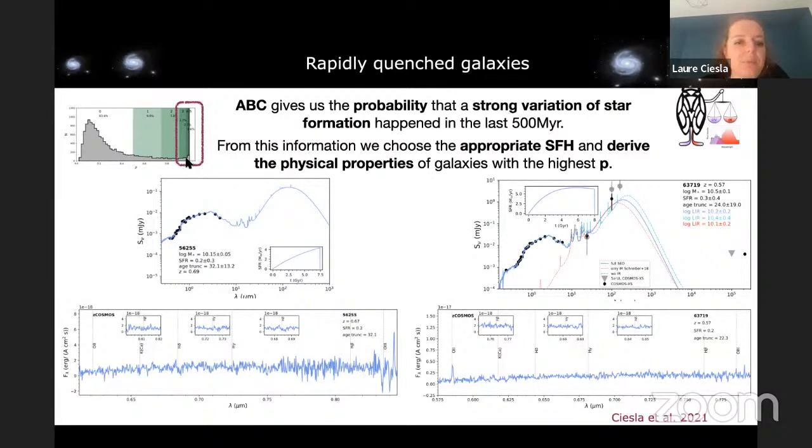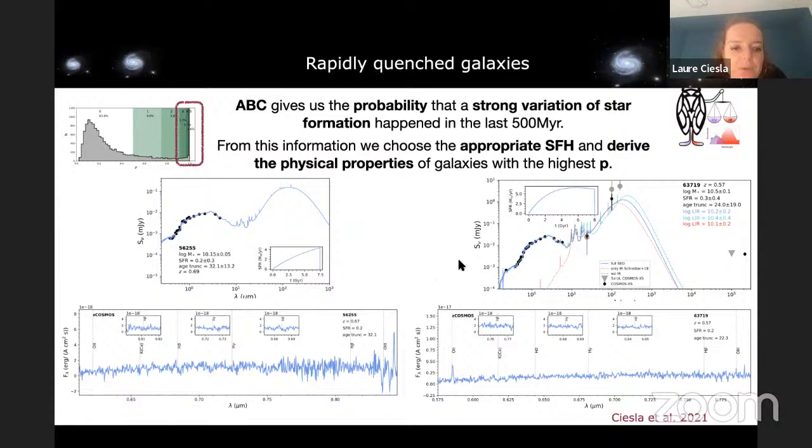So we use this probability that the ABC method gave us, and we know for these galaxies that something happened, a quenching happened in the last 500 megayears. Now that we know this information, we know the right star formation history to be used in our code, SIGAL, and we used it to derive the physical properties of the galaxies.